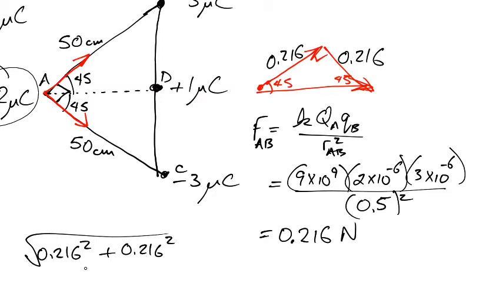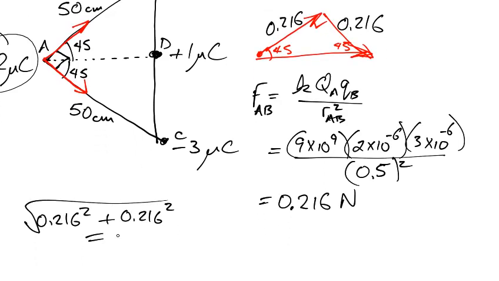So let's square that, square it, and then 2 times, and then take the square root, and I'm going to get an answer of 0.3055. And of course, therefore that is here, right? 0.3055. And that's to the right.